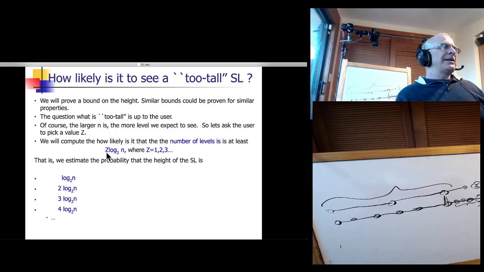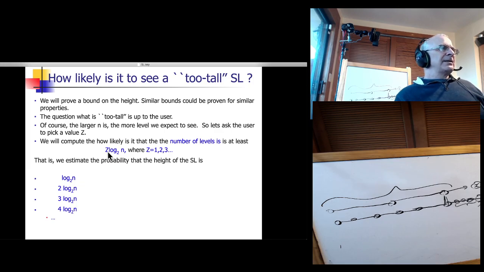So log to the base 2 of n, that's also what you are getting in the case of the perfect skip list. Log to the base 2 of n is realistic to expect. That would be a very, very nice skip list.